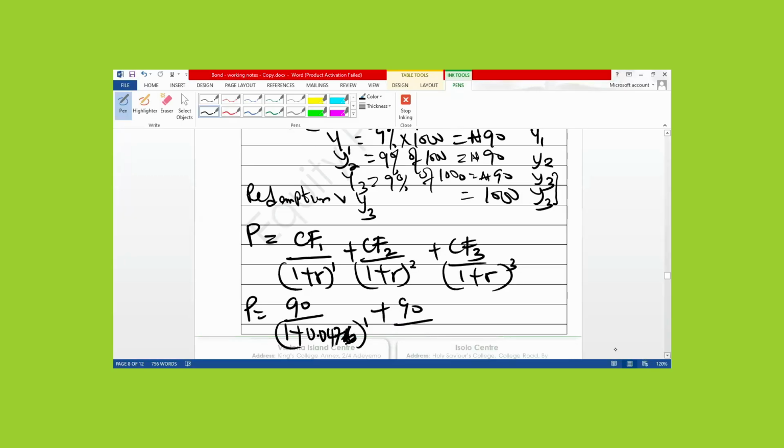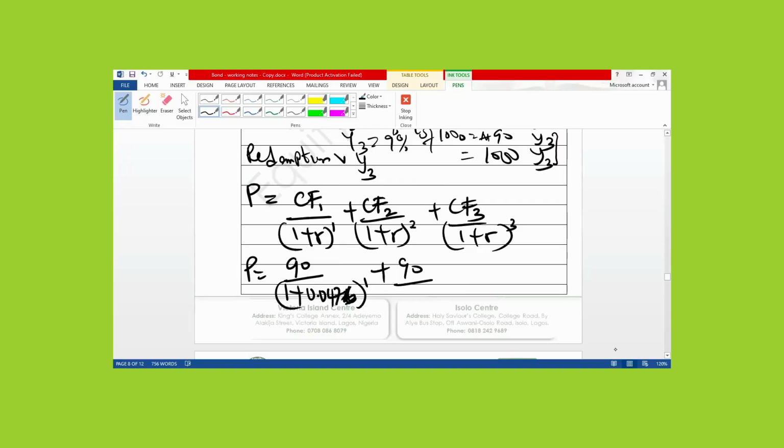Spot rate for year 2, that spot rate is for a default-free bond, 1 plus 0.062 raised to power 2, plus 1090, annual interest plus redemption. Spot rate for year 3, 0.0683.